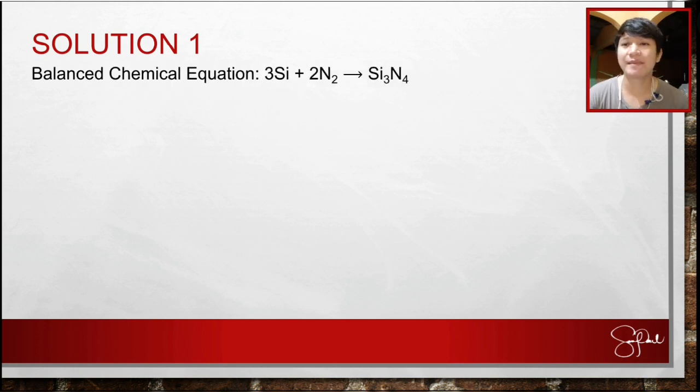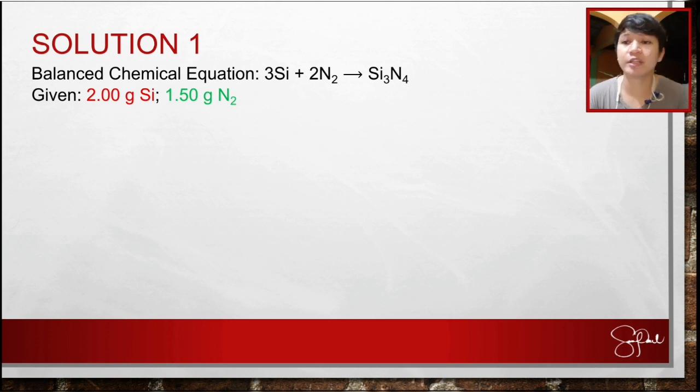Our balanced chemical equation is shown here in the presentation: 3Si plus 2N2 produces Si3N4. We will be using this chemical equation for the mole ratio. Then our givens are 2 grams of silicon and 1.5 grams of nitrogen.